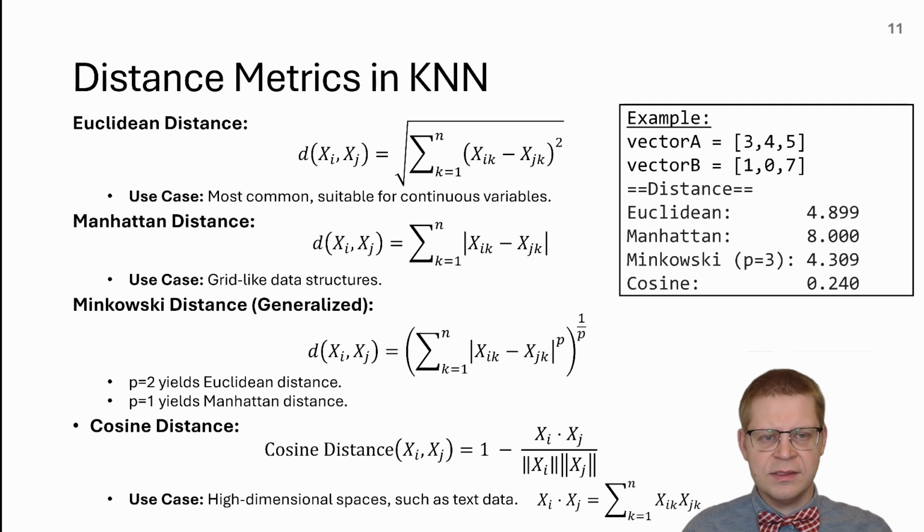While Euclidean distance is the most frequent one, alternatives like Manhattan and cosine distances are chosen based on data characteristics. The choice of metric significantly influences KNN performance. For instance, cosine distance might be a good choice if you're dealing with high-dimensional data or with embeddings.